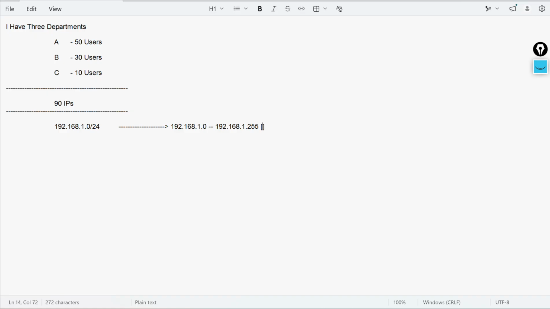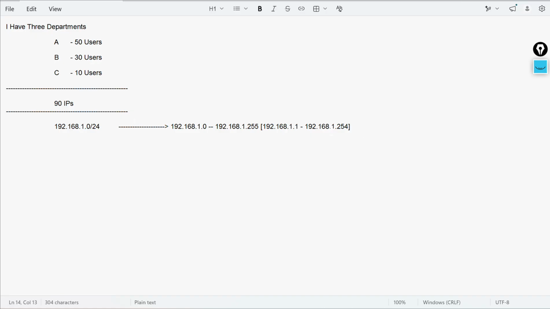But the actual range is 192.168.1.1 to 192.168.1.254. Now we need to use this network for these 3 departments: Department A, Department B, Department C. I want to use this single network for these 3 departments.